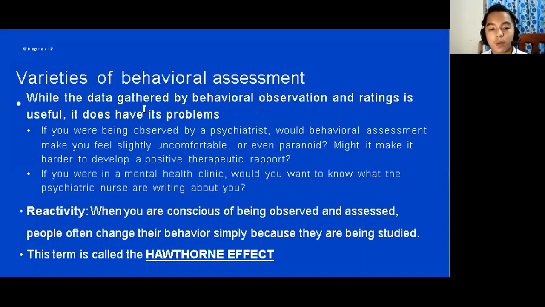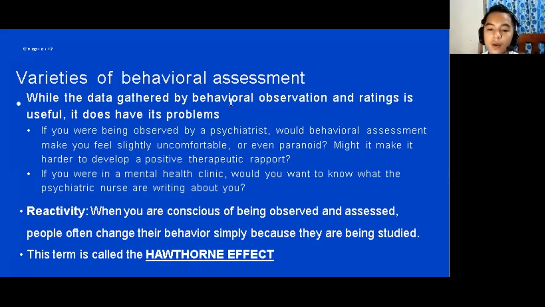While data gathered by behavioral observation and rating is useful, as we acknowledge, it does have its problem. It is what I mentioned earlier in my discussion about reactivity.